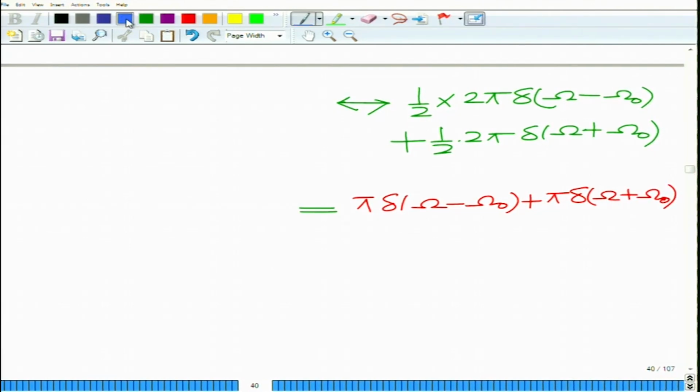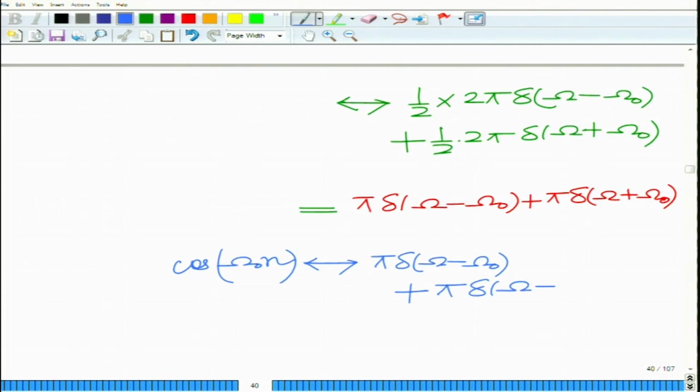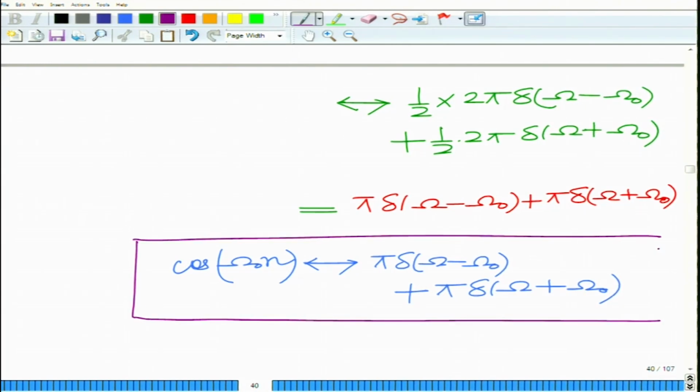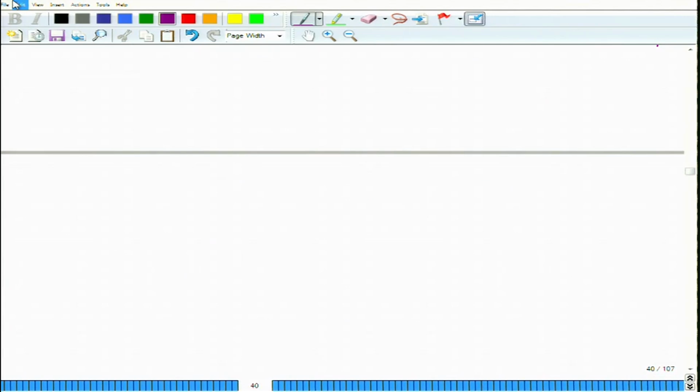So, cosine omega naught n has the DTFT pi delta omega minus omega naught plus pi delta omega plus omega naught. Okay. Let us continue to another example.